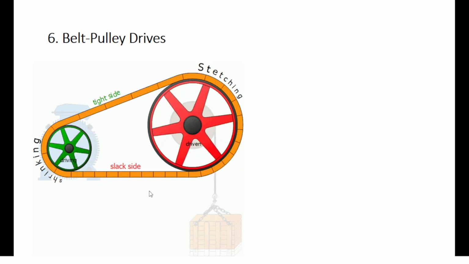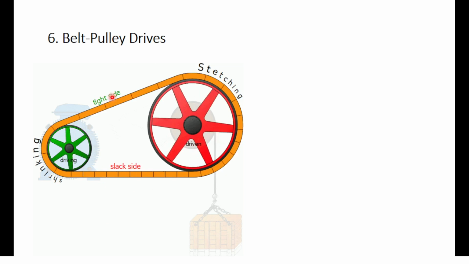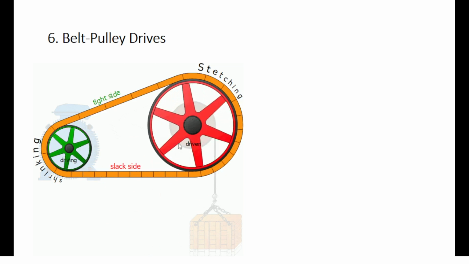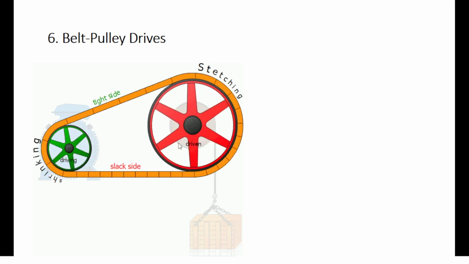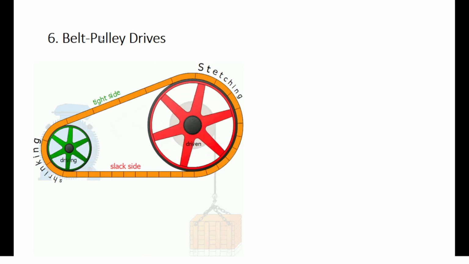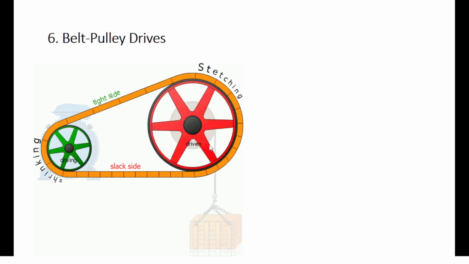Generally, many times the slack side is above, because it increases the surface contact, but let it be, there is not that much significance. But these belt pulley drives are used where there is a long center distance.